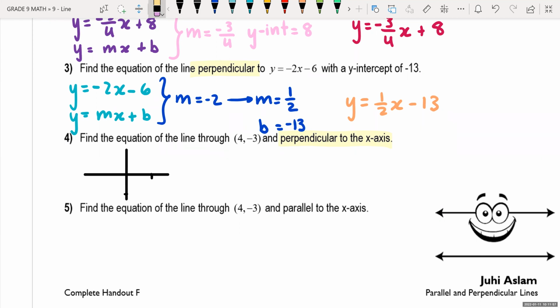So if the x-axis is going side to side, perpendicular means it's going to be going at a right angle, and it's going to be going through the point 4 comma negative 3. So 4 comma negative 3 is approximately there. And the line we're going to draw is perpendicular to the x-axis. That means it's going to have to look like this.